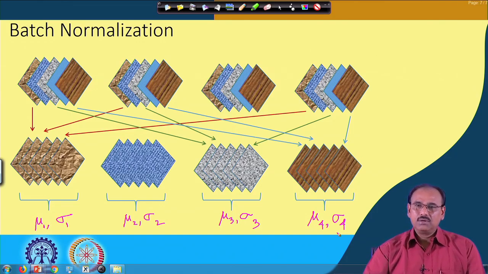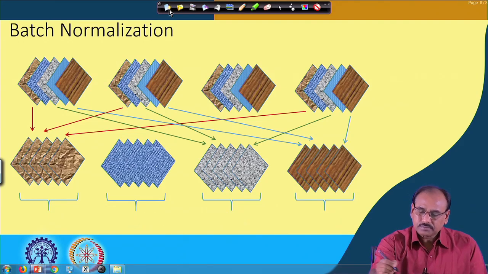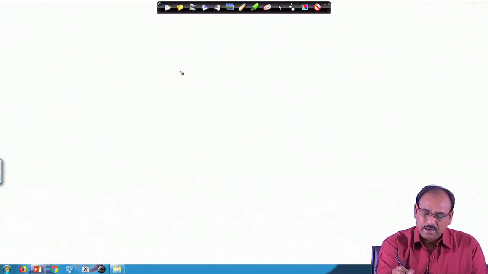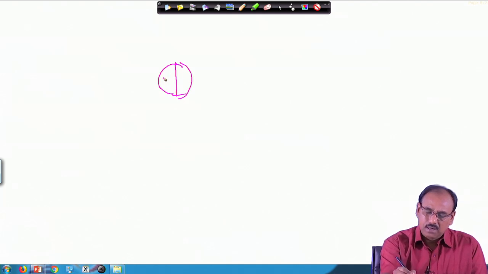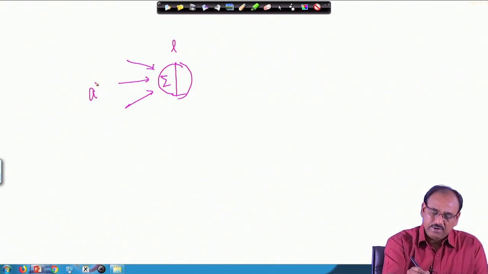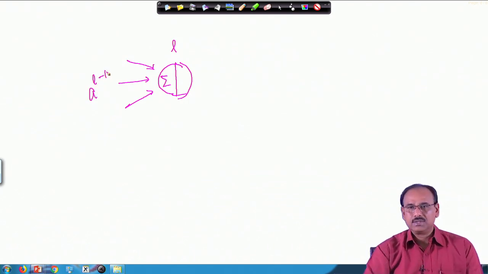Now here again you remember one thing: when I go for normalization, how can I normalize? Take for example, as we have shown, every neuron in every layer consists of two parts. One part computes the weighted sum of all the outputs that it is receiving from the previous layer. So this is the Lth layer, and this is A, the activations of the previous layer, that is A of L minus 1.